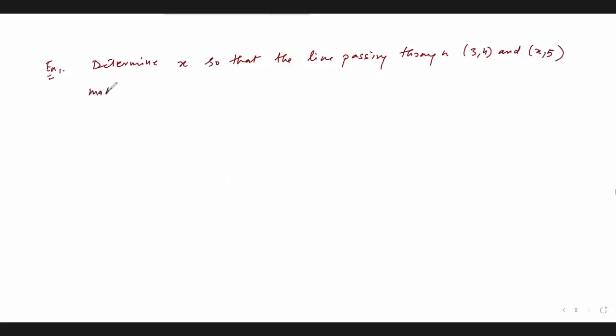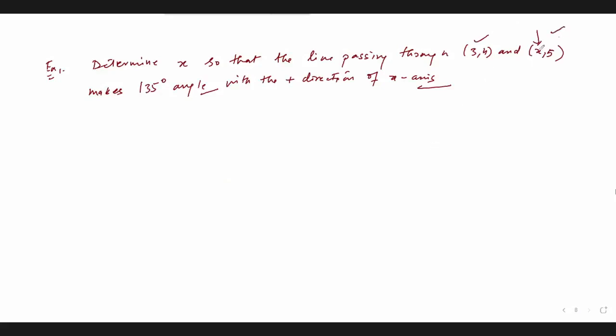It says: determine x so that the line passing through (3, 4) and (x, 5) makes a 135-degree angle with the positive direction of the x-axis. So I need to find the x.